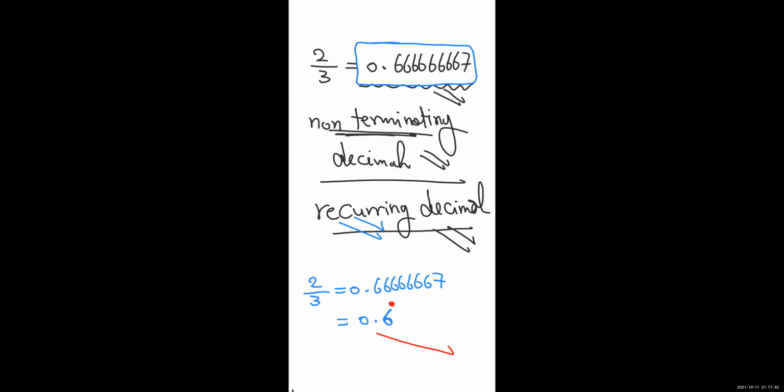What is the meaning of this dot? Ignore the 7. Actually, in reality, there is no existence of 7. The answer of this one is 0.66666 until infinity. 6 is repeating until infinity. There is no 7. The calculator shows 7 just to approximate the number.